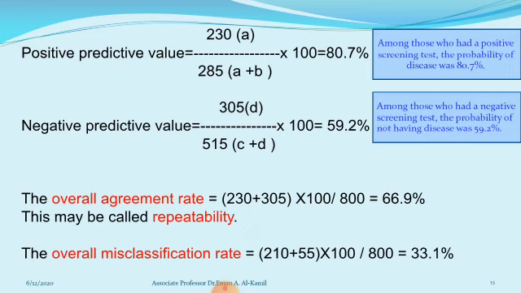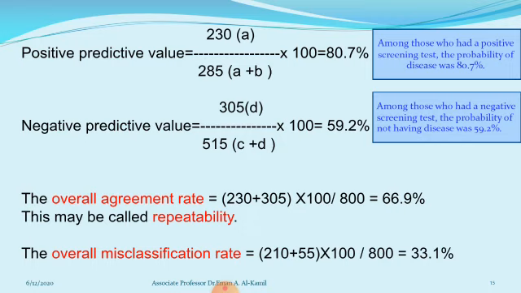While the negative predictive value equals the true negative, which is D, divided by those who are negative by the screening test, which is C plus D, and equals 305 divided by, from the table, 515, multiplied by 100, equal to 55%. That means among those who had a negative screening test, the probability of not having the disease was nearly 59%.